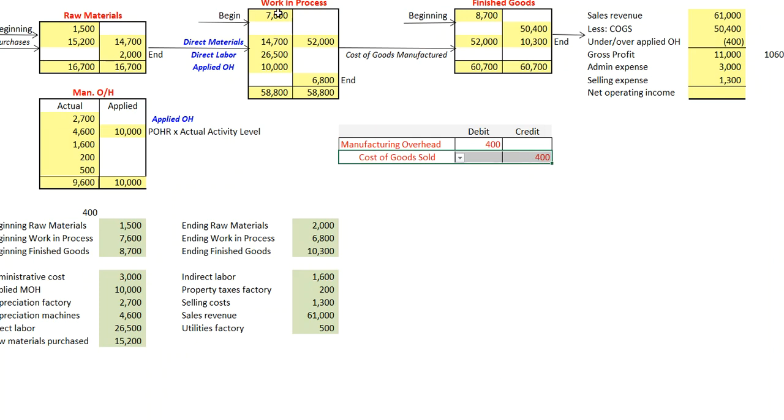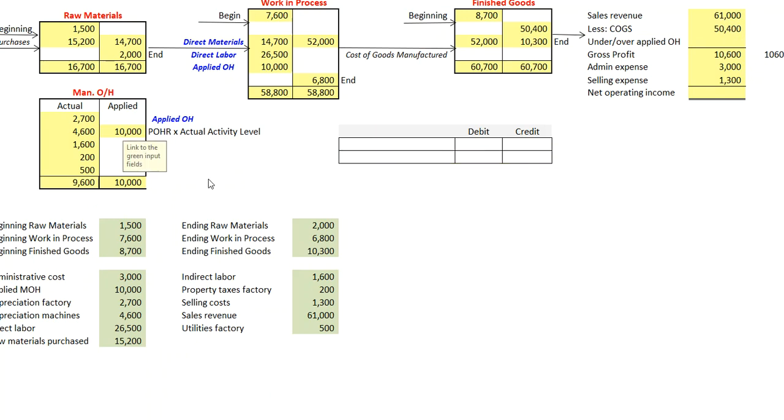We were saying that work in process was too high, finished goods was too high, and cost of goods sold was too high. And with that $400 credit to cost of goods sold, we have reduced cost of goods sold. So this was a situation where we had over-applied overhead. We could have had a situation where we had under-applied manufacturing overhead.